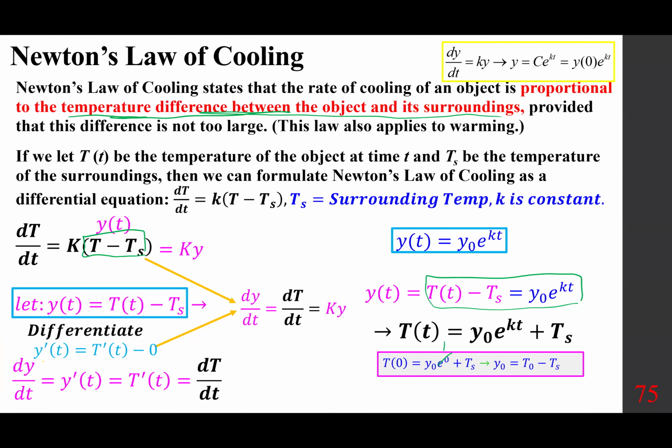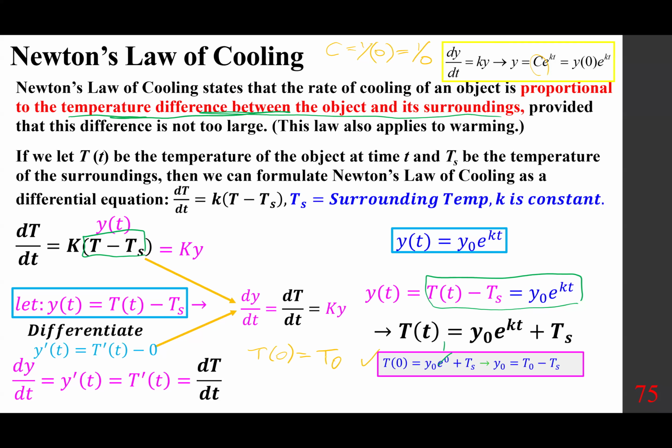Let me write a couple of things for you to remind you. In this case, c equals y of 0 equals y sub 0. And in this case, T of 0 or T sub 0 refer to the initial temperature.